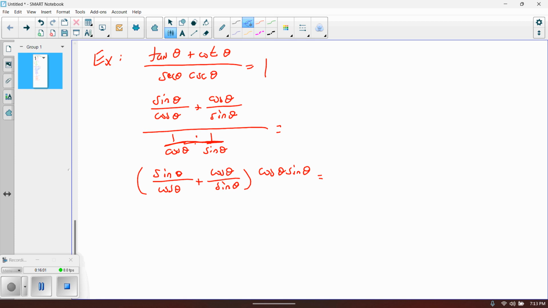Okay, distributing this to this first term over here, the cosines are going to cancel out because I'll have one on the top and one on the bottom, and that's going to leave us with sine squared of theta. And then when I distribute this one into here, the sines are going to cancel out because I'll have one on the top and the bottom, and that'll leave us with a cosine squared of theta, which of course is 1. So believe it or not, that did simplify very nicely to 1.